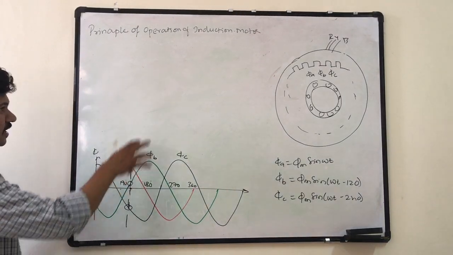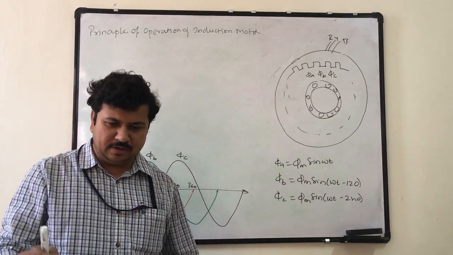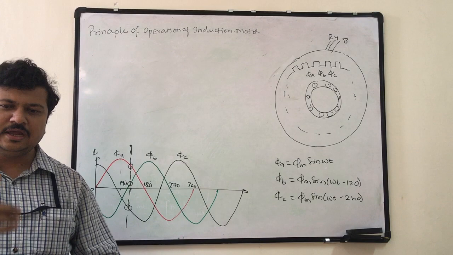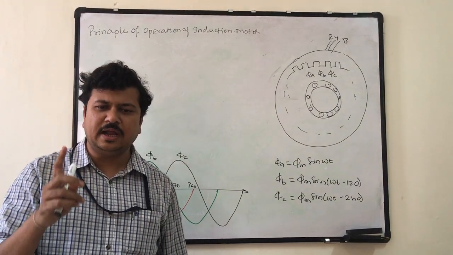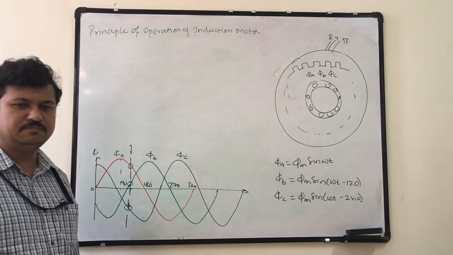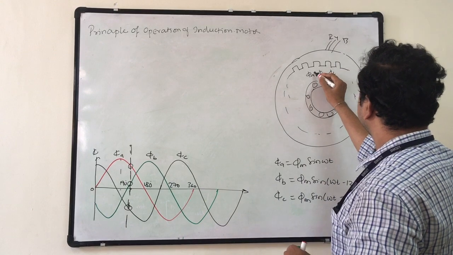When these three fluxes are existing in the same space, like I explained in one of the previous classes, when two magnets or multiple magnetic fields are interacting in the same space, I get one resultant field, and that resultant field will have the capacity to do the work. The same thing is happening.